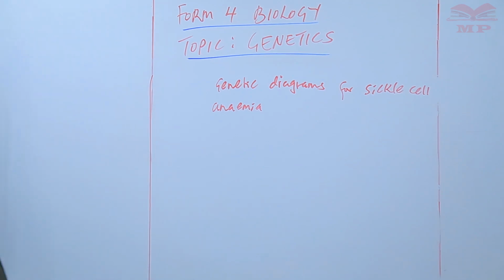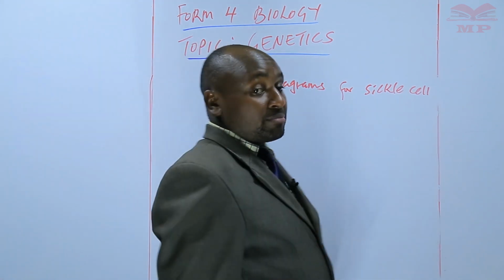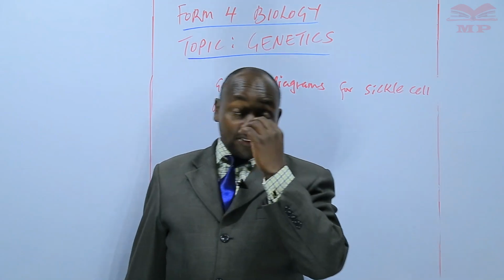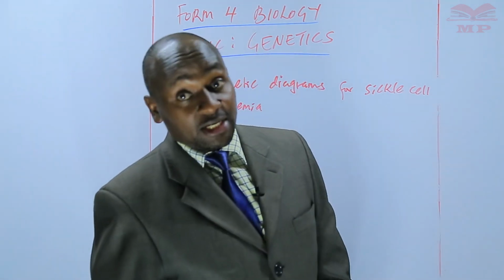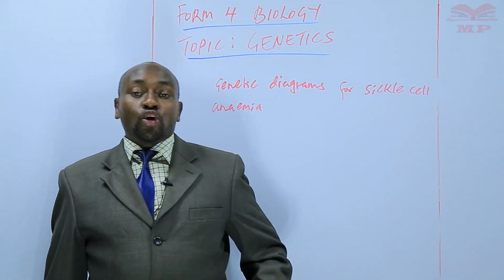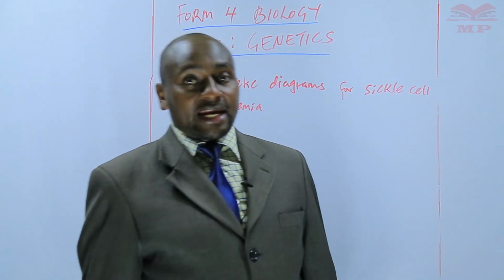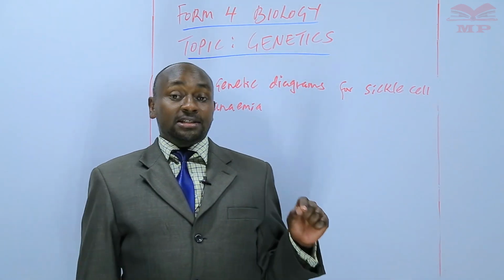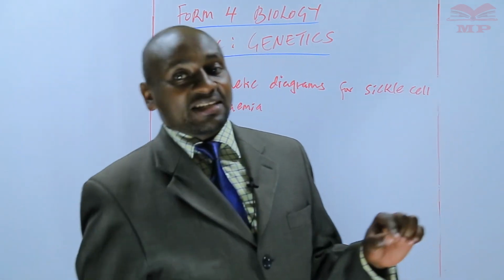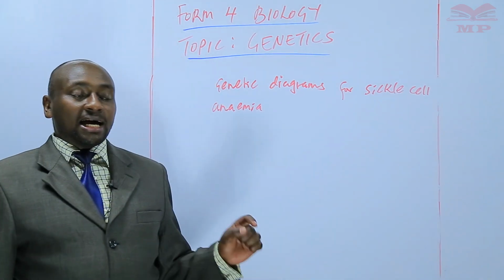And we say that sickle cell anemia is caused by a recessive gene, that it can only result in sickle cell anemia when it is in the homozygous recessive state, what we indicated as HbS.